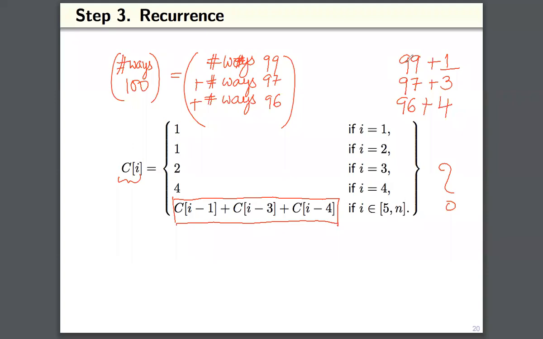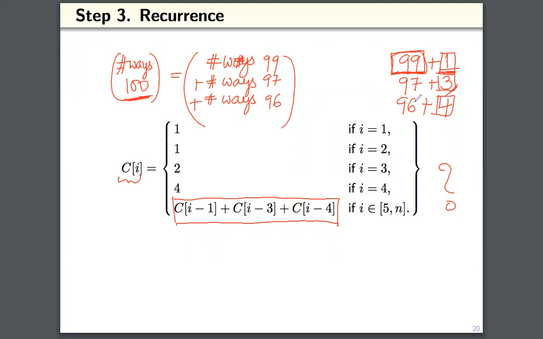These are the only terms you can use, 1, 3, or 4, to get 100. If you use 1 as the last term to get 100, then you need to recursively compute how to create 99.